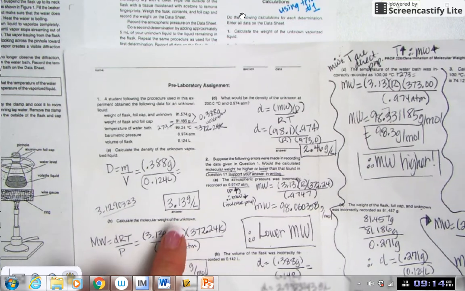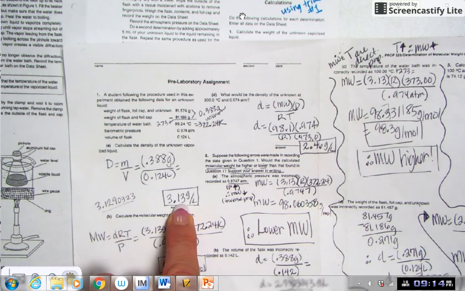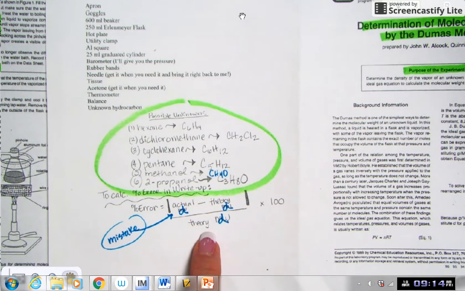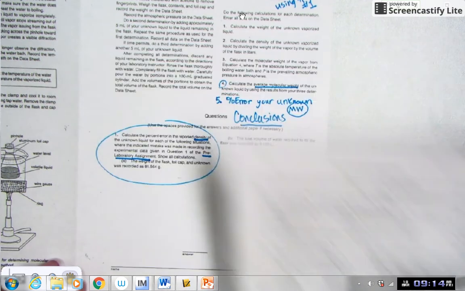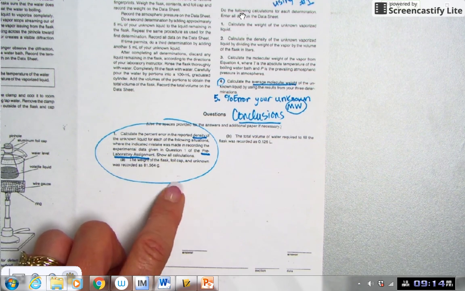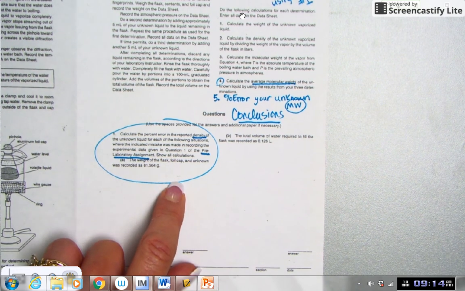So, 3.13 grams per liter would be the theoretical density. That's what you're going to use for theoretical density in that calculation, which will plug in here and here. The actual density that you'll plug in, I guess, take into consideration the mistake that was done here, and then plug that in as your actual density.